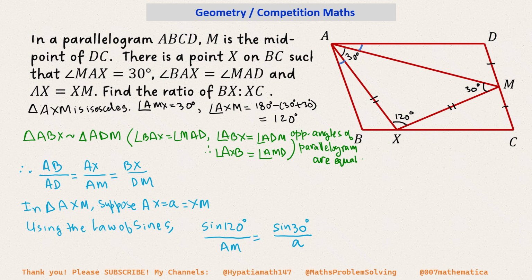That gives me the idea that I could use trigonometry. So sine 120 degrees out of AM is equal to sine 30 out of A, and that would give me AM equals root 3 A.